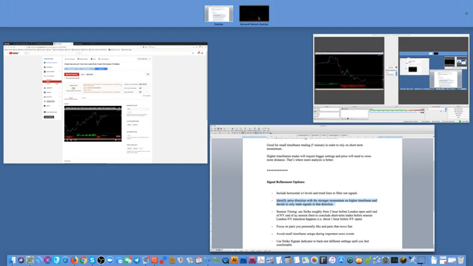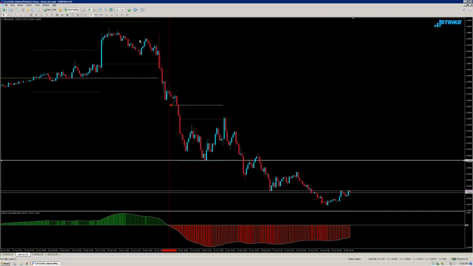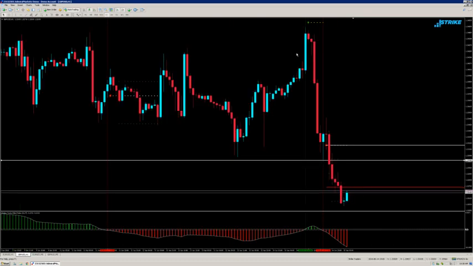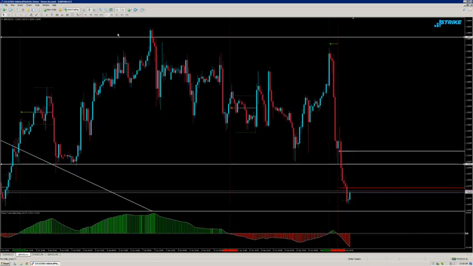So by that I mean you want to go, say, to the 1 hour chart perhaps, and you want to consider, okay, over the recent period of time, where has been the stronger momentum? Has the stronger momentum been to the upside or the downside?